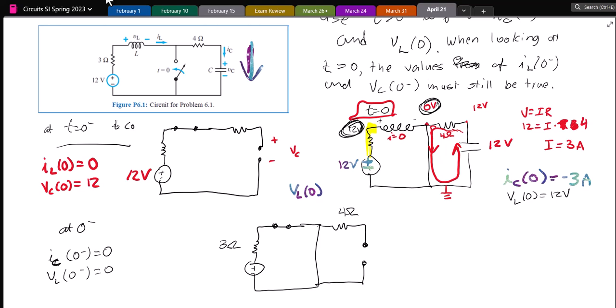And what are we supposed to find? We're supposed to find VC at infinity and IL at infinity. Okay, so VC at infinity. All right, so let's look at infinity. Our capacitor is in parallel with the short circuit, and the voltage across the short circuit is 0.